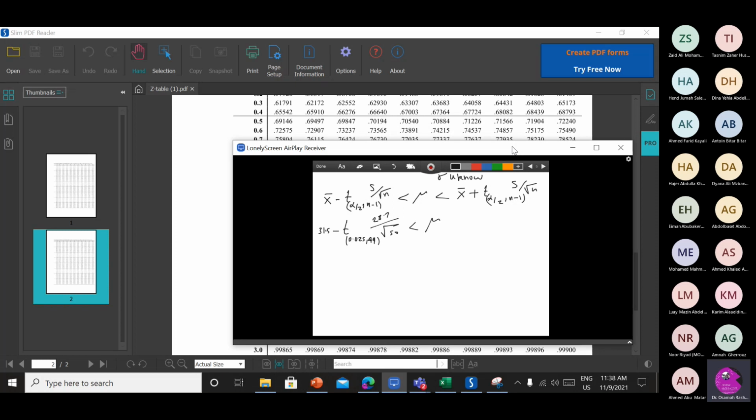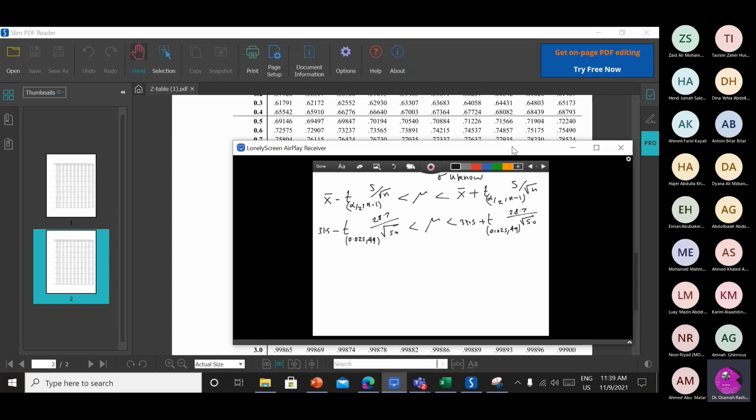And the population mean will be less than the upper bound. X bar is what? It's 31.5 plus T of 0.025 and degree of freedom 49 times S, which is 28.7 over root of the sample size 50.